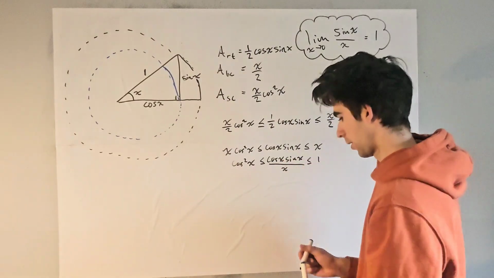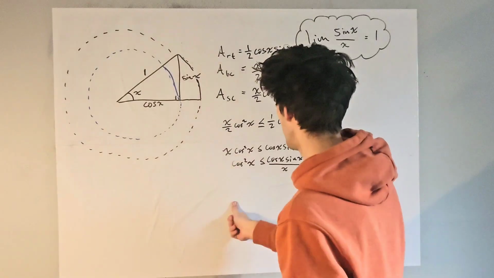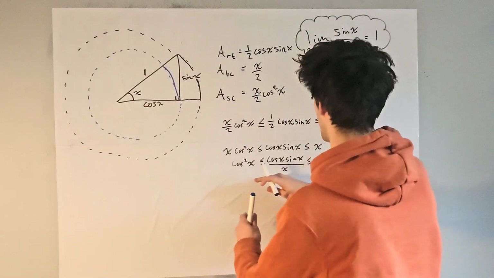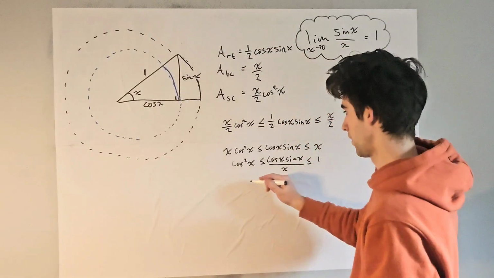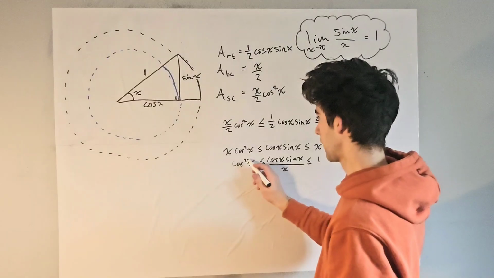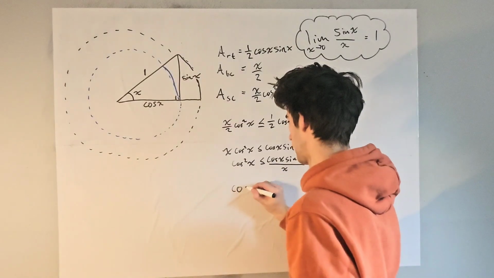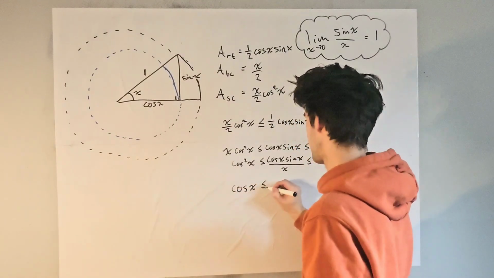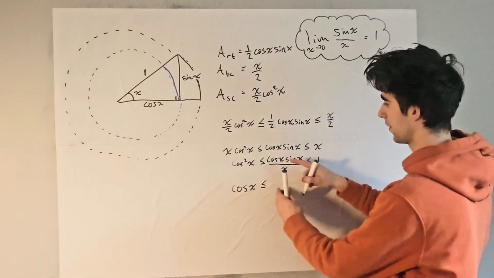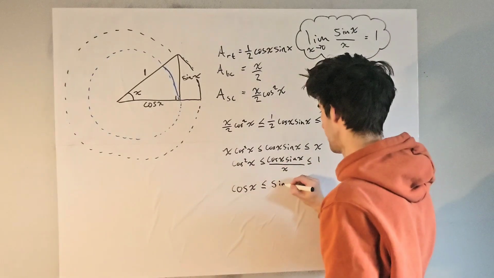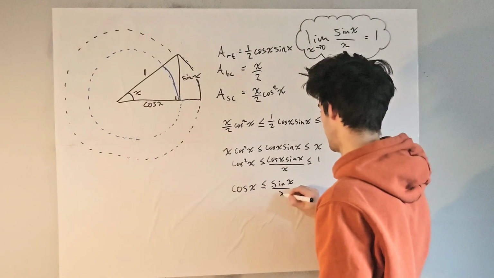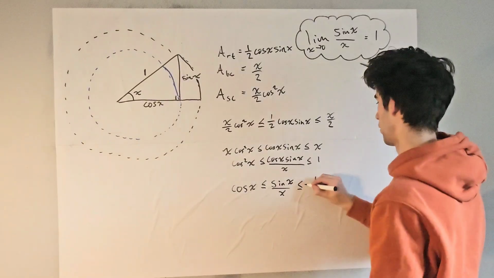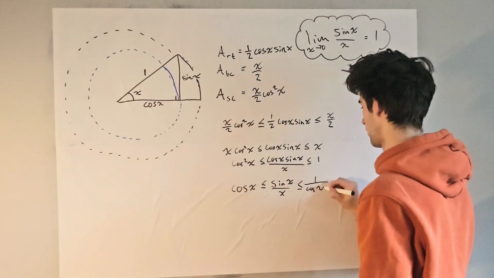One final thing we're going to do before taking the limit is divide everything by cosine of x. So if we divide this by cosine of x, we're just going to get 1 over cosine of x. It's less than or equal to, it's going to cancel out this here, and we have our sine x over x. And here we're going to get 1 over cosine of x.